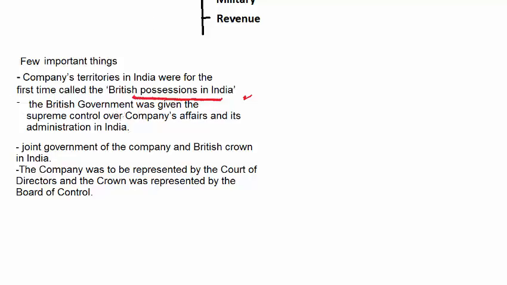There was now a joint government of the company and the British Crown in India, through the board of control and the board of directors. And fourth, the company was to be represented by the Court of Directors and the Crown was represented by the board of control. So these were the features of Pitt's India Act 1784.